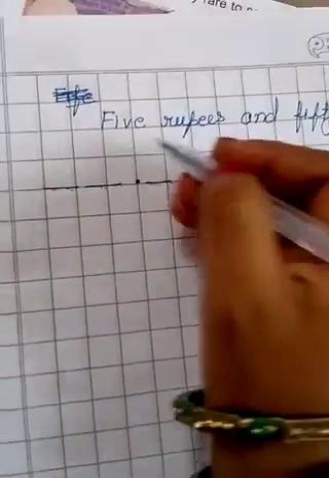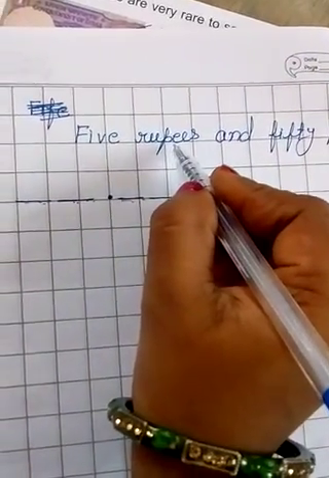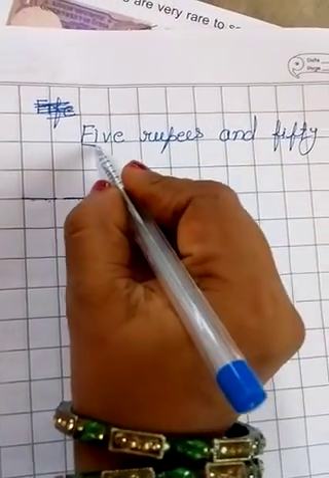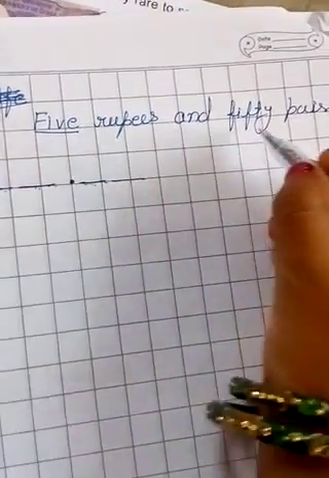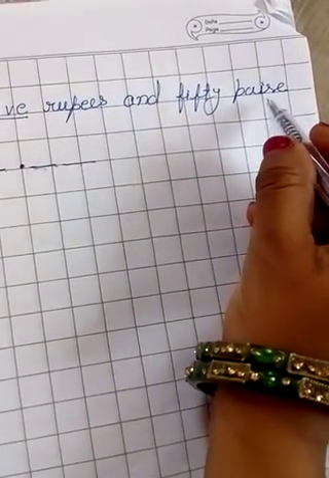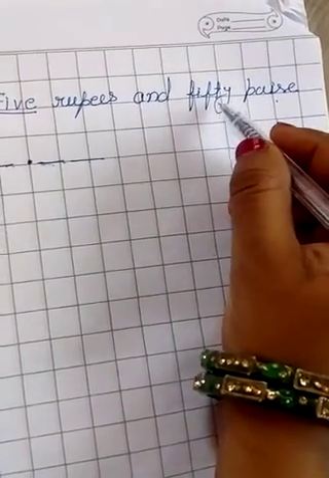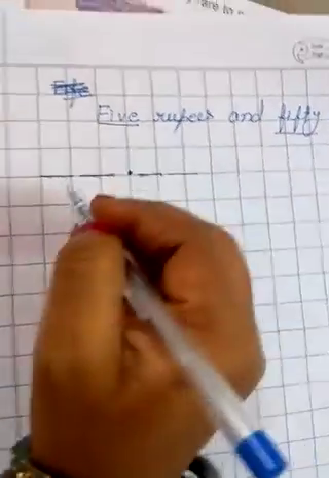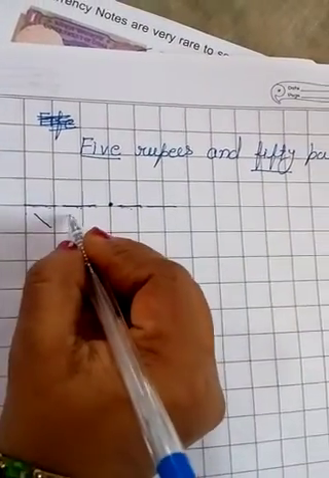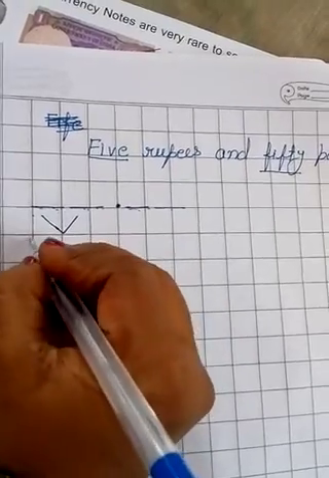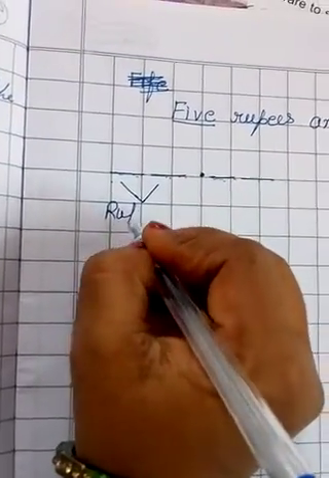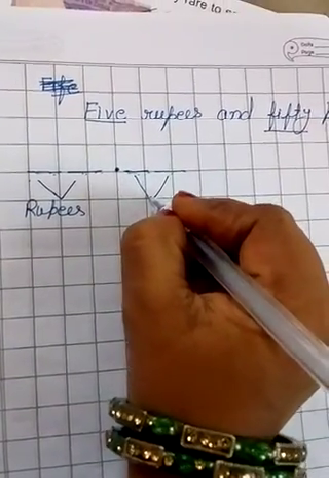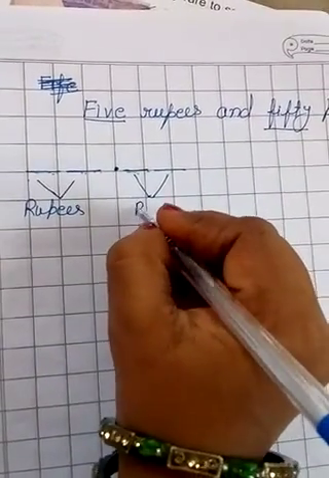Just like here we have 5 rupees. How many rupees do we have here? We have 5 rupees. And here we have 50 paise. So these two blanks we use for rupees, and these two blanks we use to write down paise.